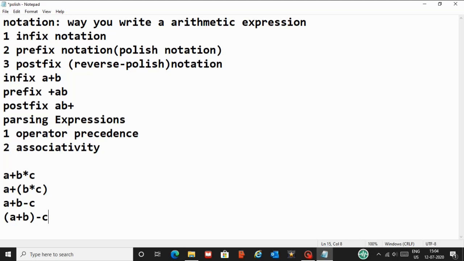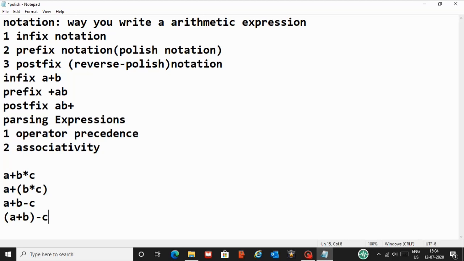Please pay attention. Precedence and associativity determine the order of evaluation of an expression. So let me write one small table for you which will give you the arithmetic operator precedence as well as associativity.